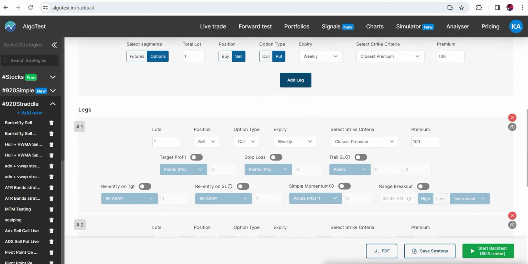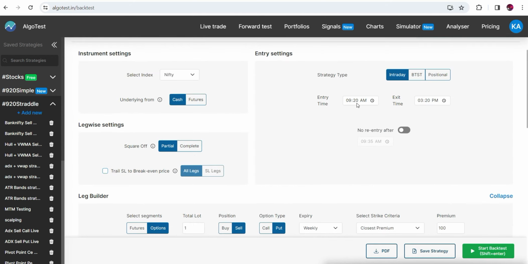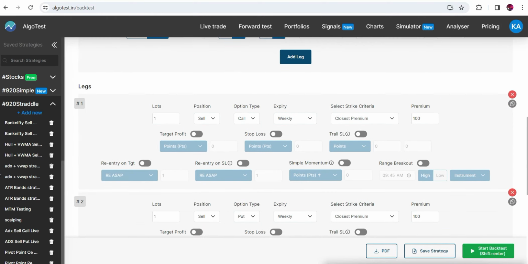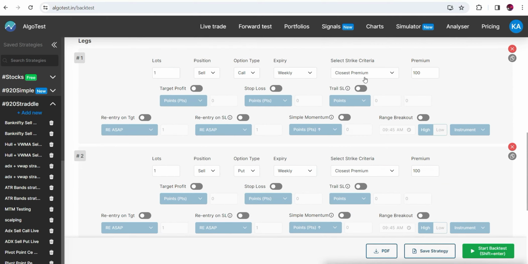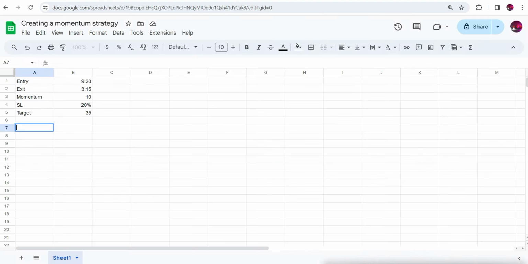So now at morning 9:20, it will select a strike whose premium is 100 rupees. So let's discuss this in Google Sheets. Our entry timing is morning 9:20. Assume at morning 9:20 there is a strike 21,900 call whose price was 100 rupees.